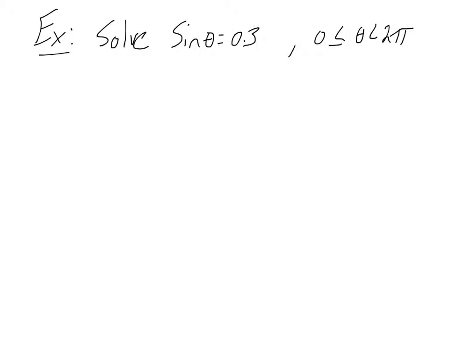So what we're going to do is use the inverse function. We're going to solve for theta by saying, if sine theta equals 0.3, then theta equals inverse sine of 0.3. Now, we have to remember, what is the range of inverse sine?